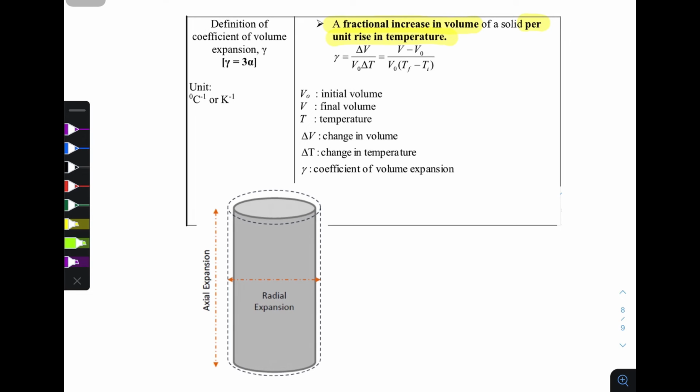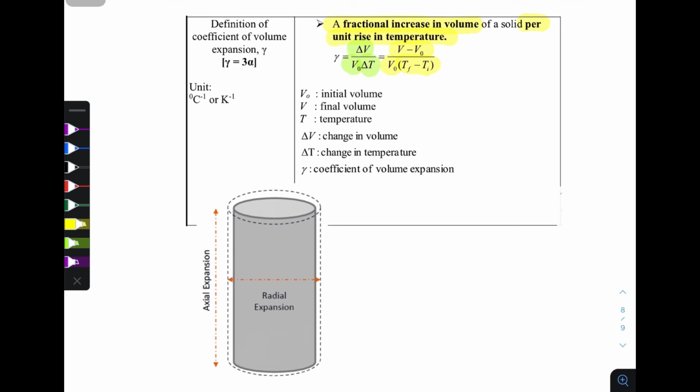Which one is the fractional increase in volume? You get delta V over V0. This is the fractional increase in volume per unit rise of the temperature, which is delta T. So what is delta V? Delta V you can also write as V minus V0, per V0 times T final minus T initial.